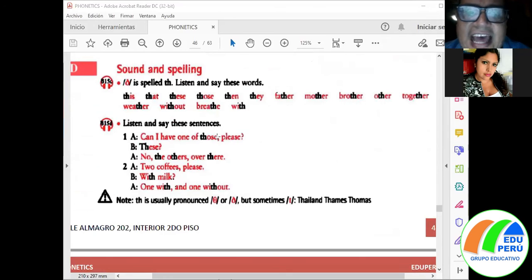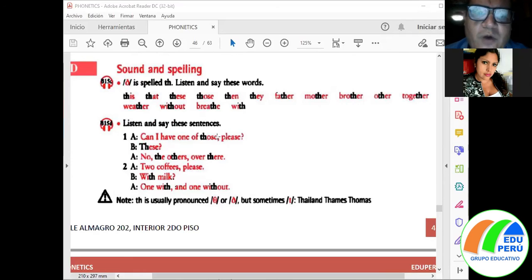This, that, these, those, then, they, father, mother, brother, other, together, weather, without, breathe, with. Notice you need to vibrate the sound. Remember, with vibration.